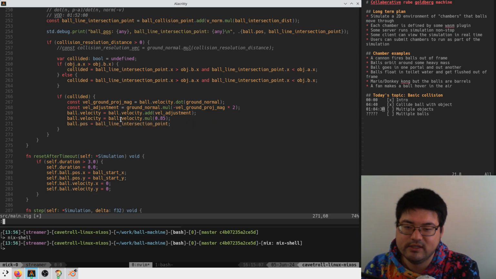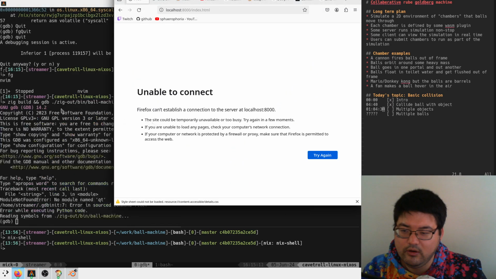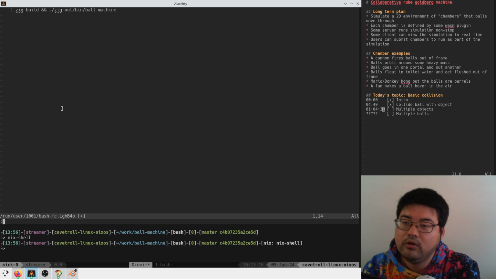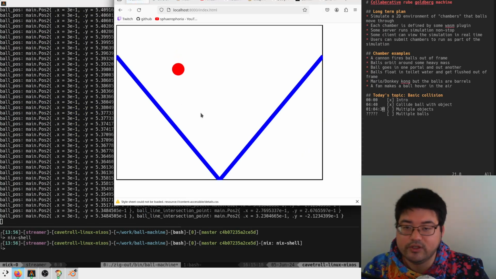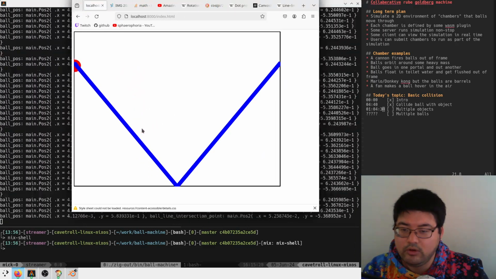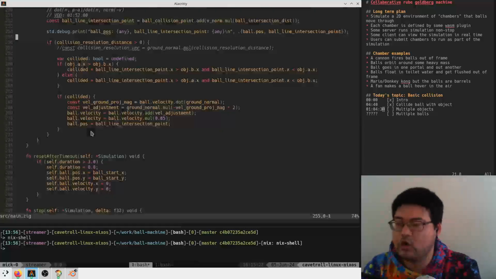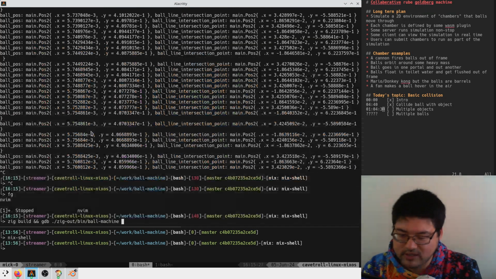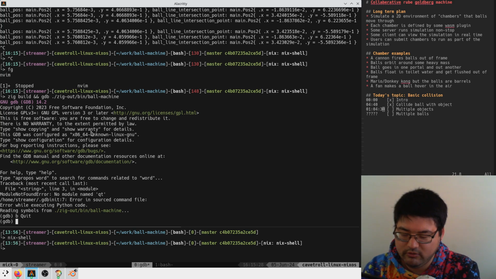And maybe it's this. Ball line intersection point. Let's try that. Refresh. Yeah, so it's me setting the position of this thing that is just totally wrong. Okay. That gives us a clue. So let's go back into GDB and break on whatever line it was.